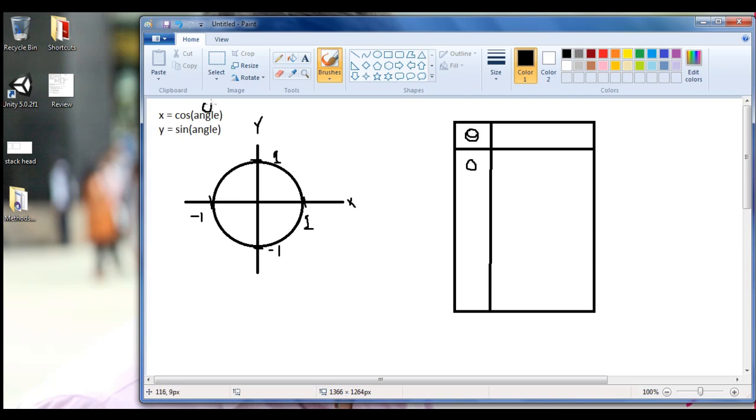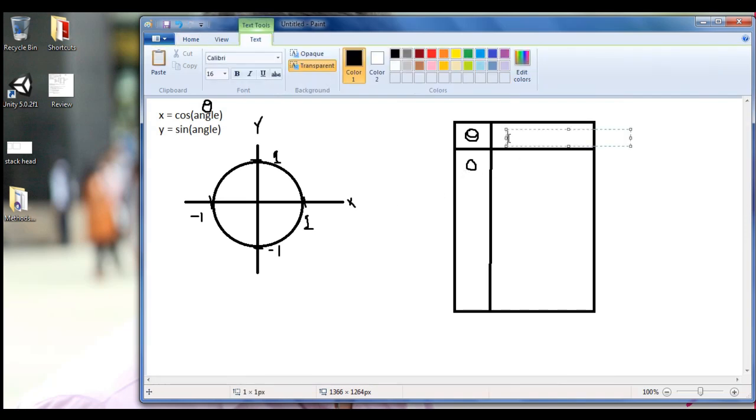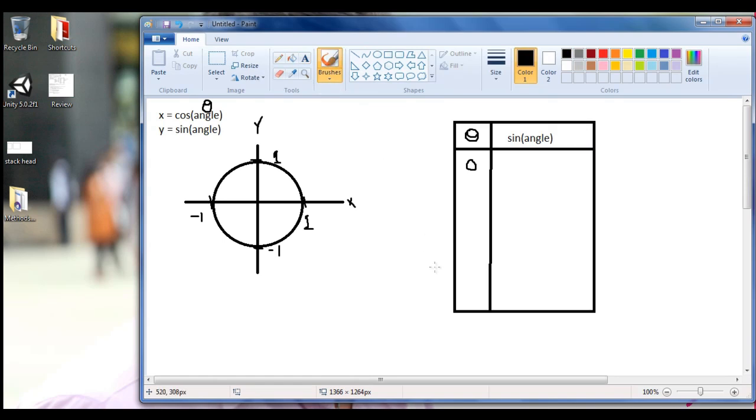Here I can write sine of angle, or sine of theta. As I told, sine is going to give us the y position in the unit circle. If the angle is 0, sine of 0 will be 0. That is the y position.